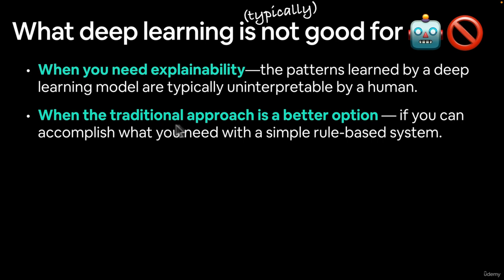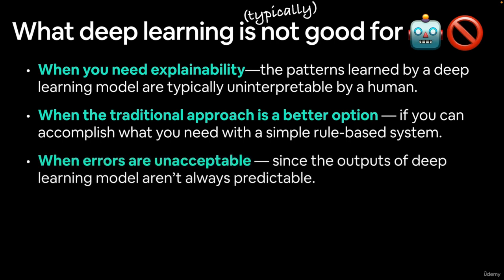And when the traditional approach is a better option, again, this is Google's rule number one of machine learning. If you can do what you need to do with a simple rule-based system, well, maybe you don't need to use machine learning or deep learning. Again, I'm going to use the terms deep learning and machine learning interchangeably. I'm not too concerned with definitions. You can form your own definitions, but just so you know, from my perspective, ML and deep learning are quite similar. When errors are unacceptable.